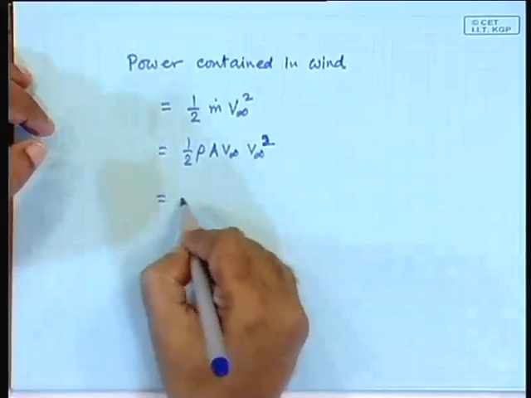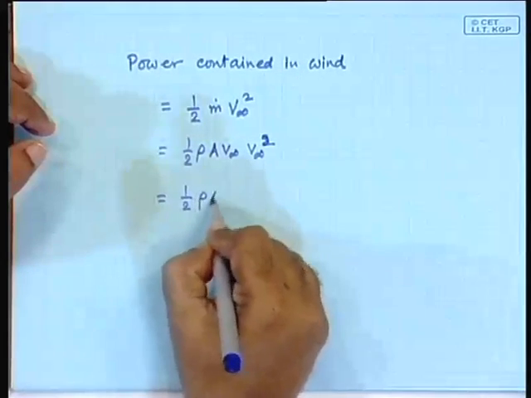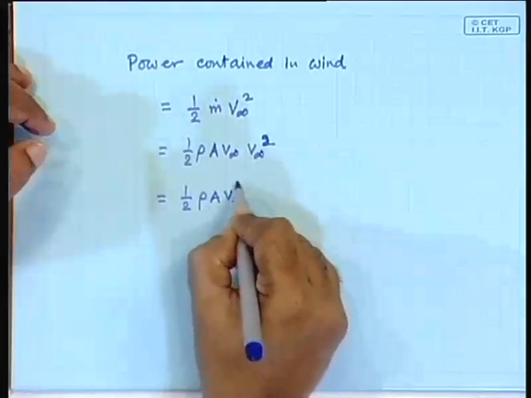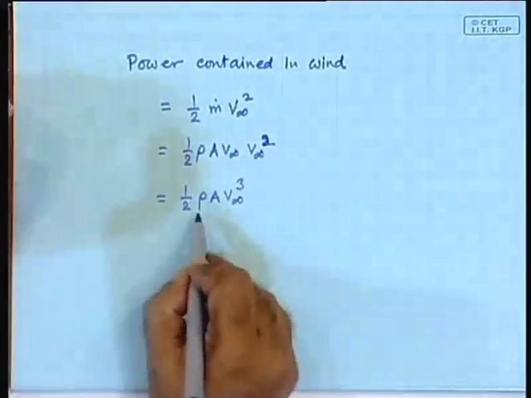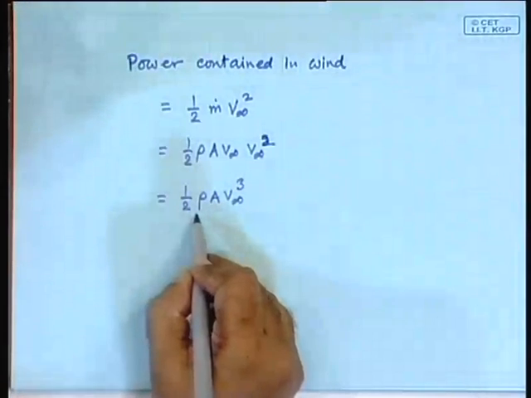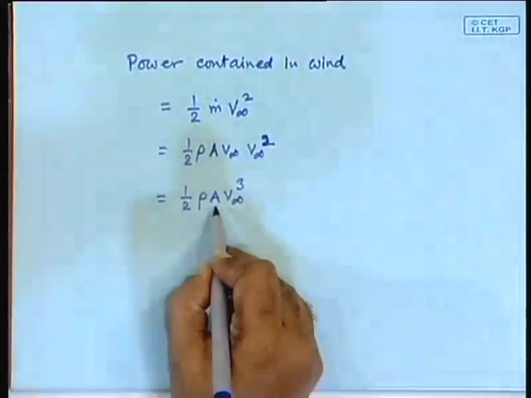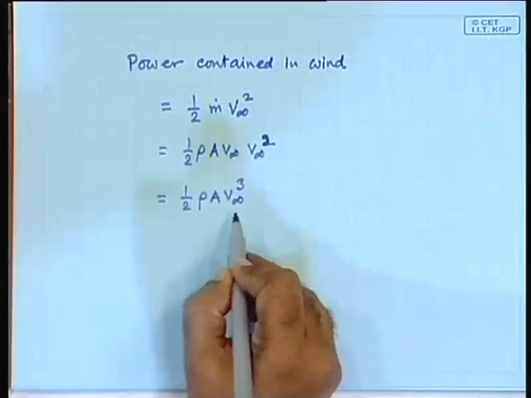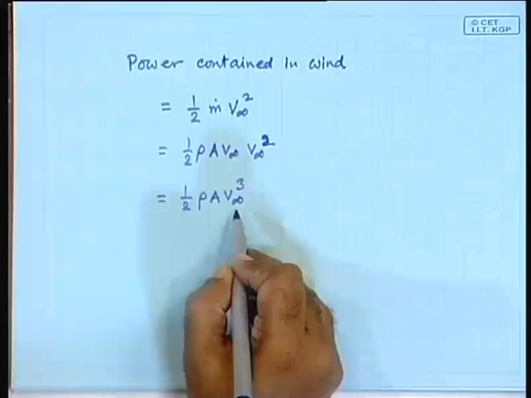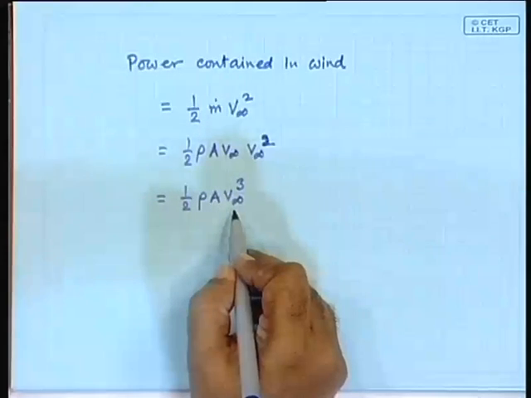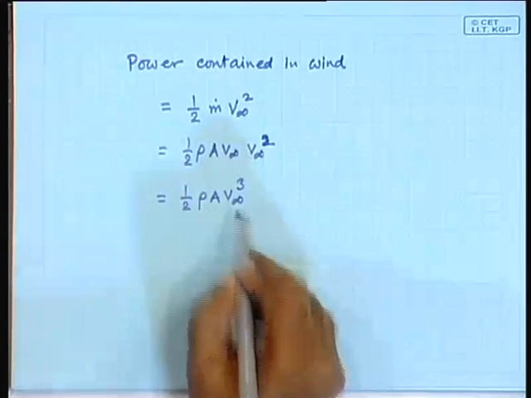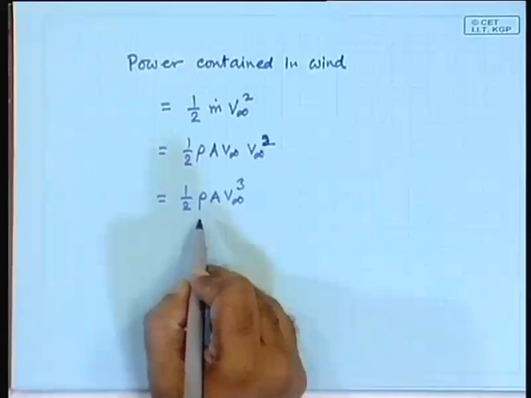So, this is equal to half rho A V infinity cube. Rho is the density of air, A is the area through which it is passing, V infinity is the wind speed at infinite distance from any obstacle. Okay. So, this is the expression for the power contained in wind.